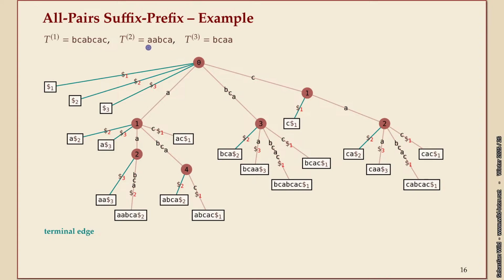And let's try to look at this T2, this string, as the second string. So I'm looking for prefixes of T2. So there are these other sequences that come before, and then there's T2.